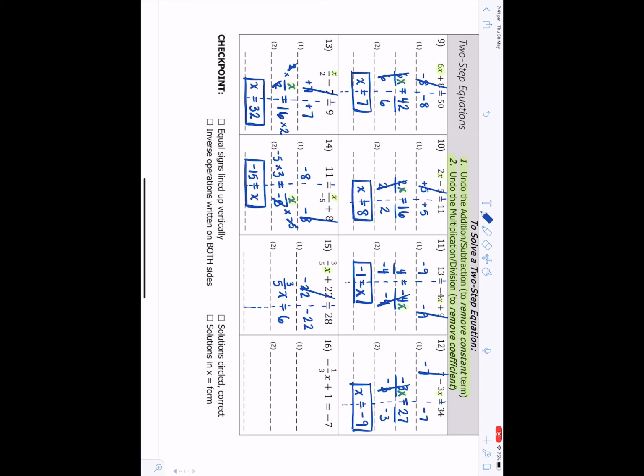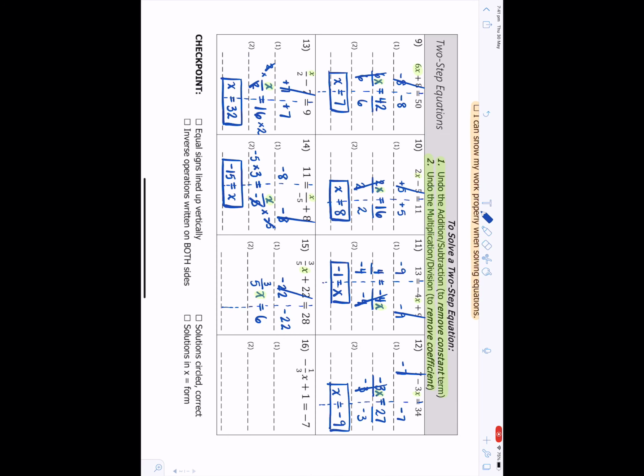Now, I need to still keep going. x is not isolated. I need to get rid of that fraction. Now, we did this problem up above, and I'll scroll up for just a second. Remember that to get rid of a fraction that's multiplied, we can multiply by its reciprocal.